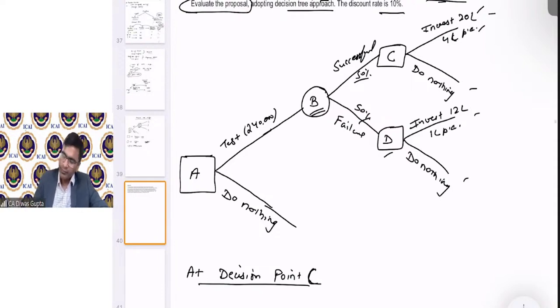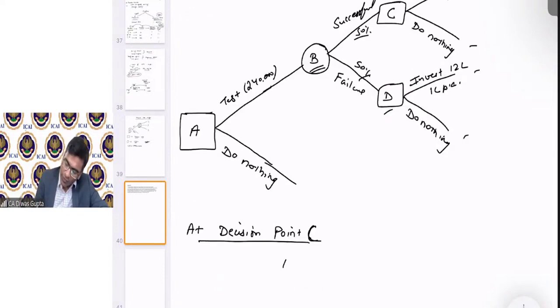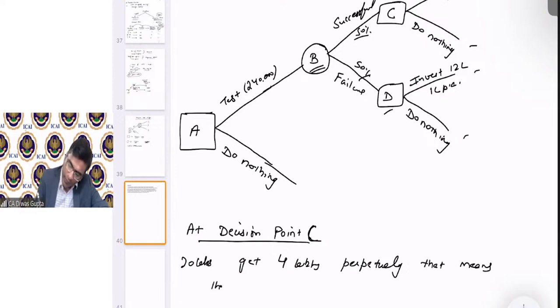Because if you invest 20 lakhs and get 4 lakhs perpetually, the present value of cash inflow will be 4 lakhs divided by 10%.